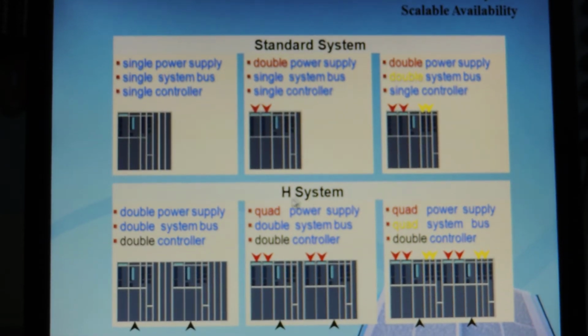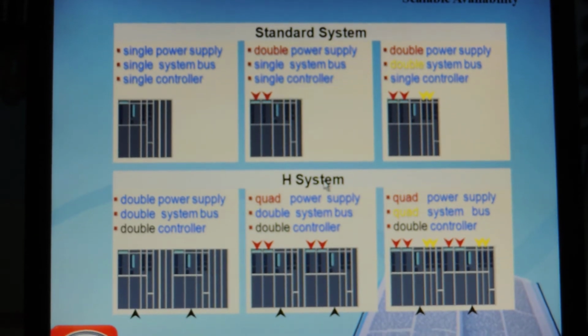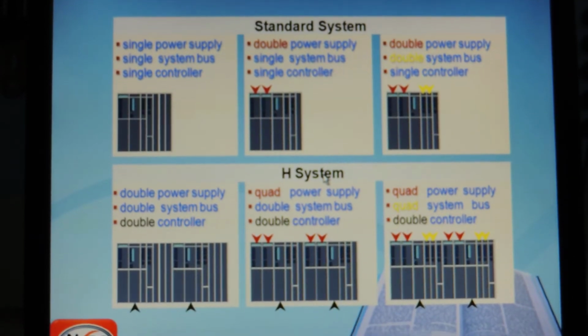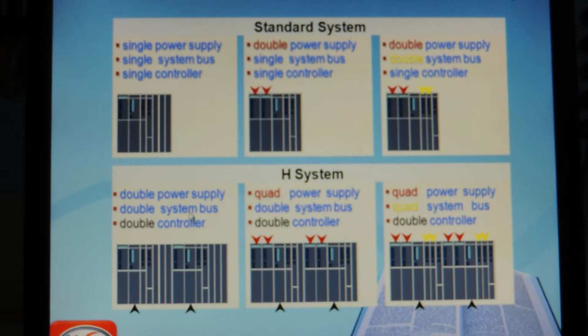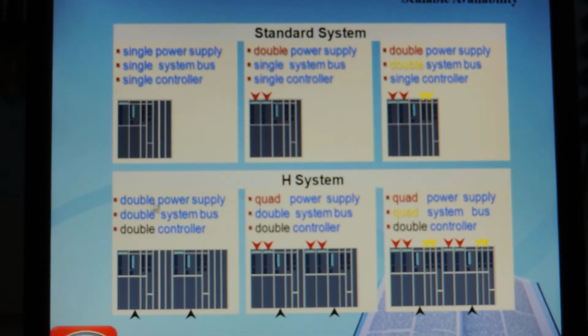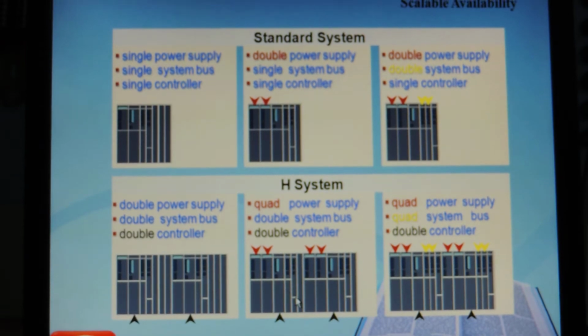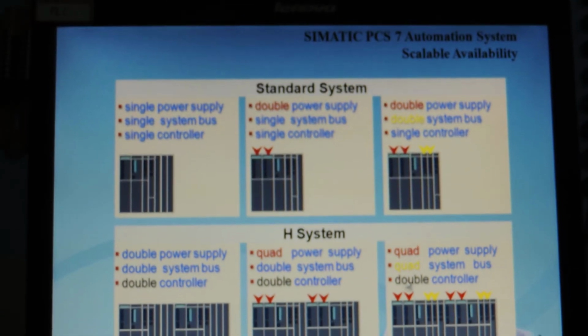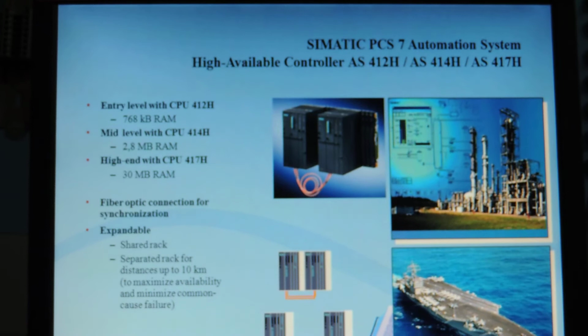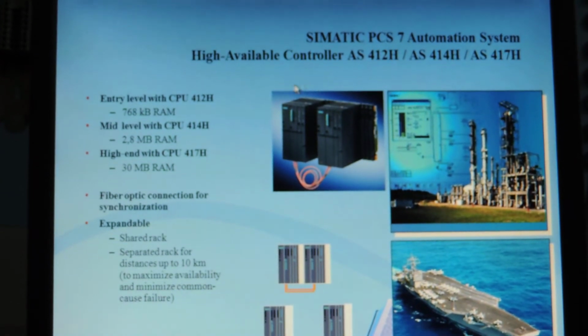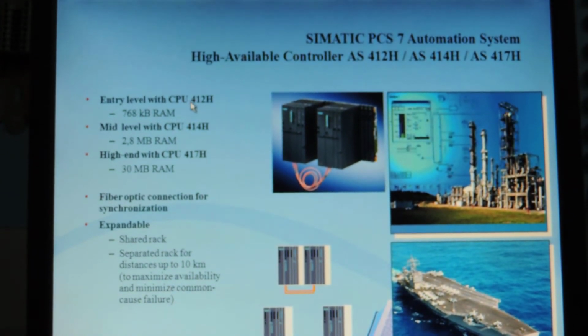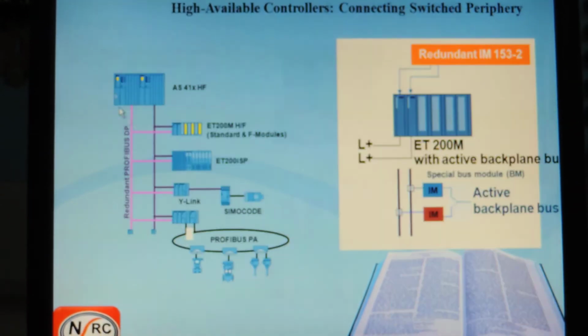But when it comes to the H system, 4H like this, here we have double power supply, double system bus, double controller. Similarly here also. And these are the specifications of CPU 412H, 414H, 417H like this. These are the RAM capacities.